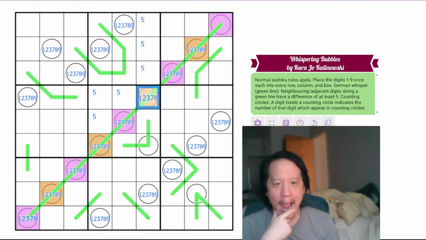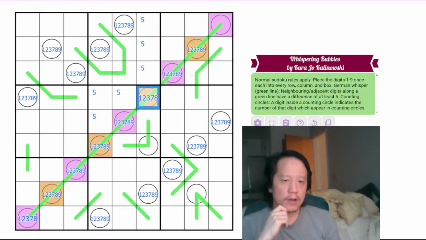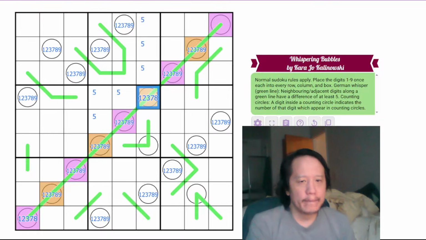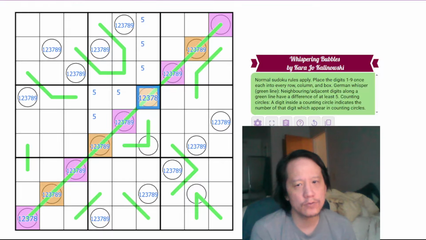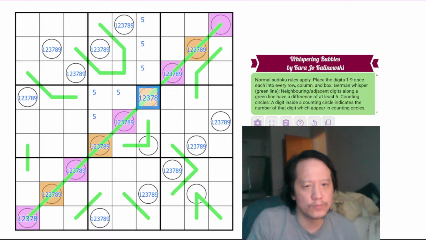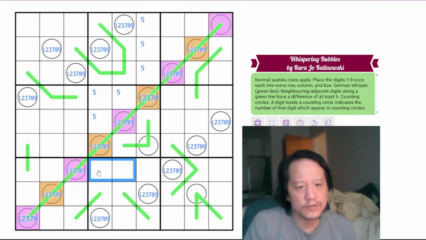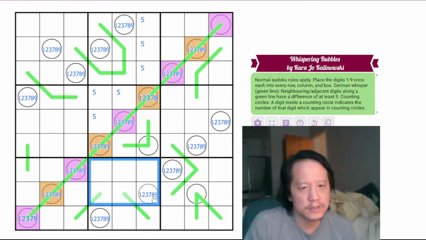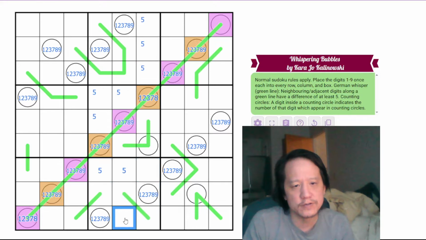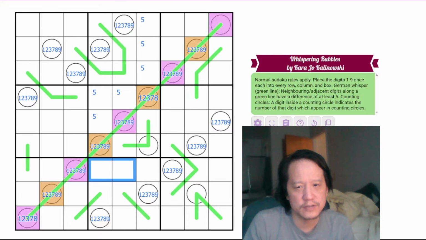Okay, that seems reasonable. What else? Where are the 5s? So 5s in box 8 has to be one of these 3 cells.